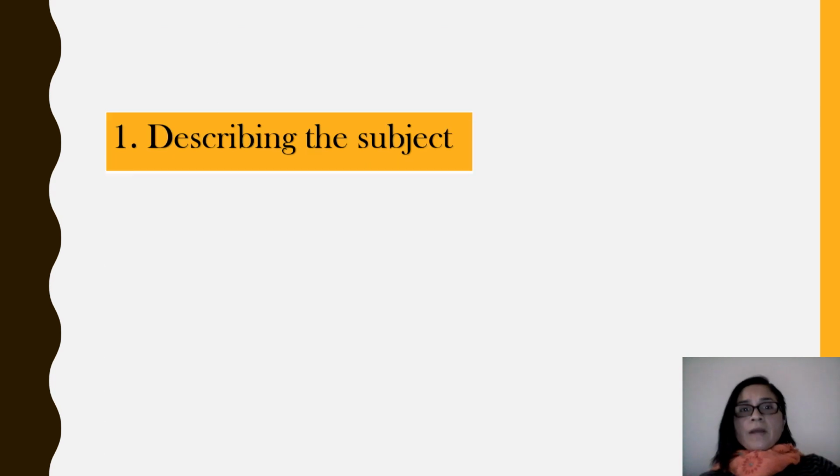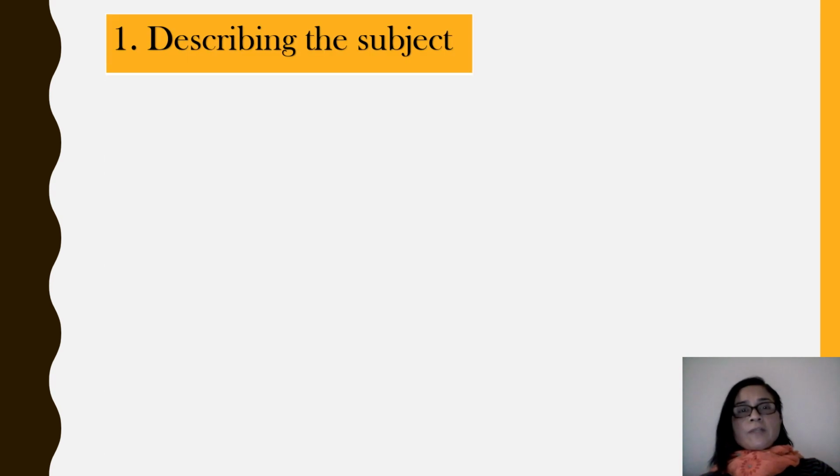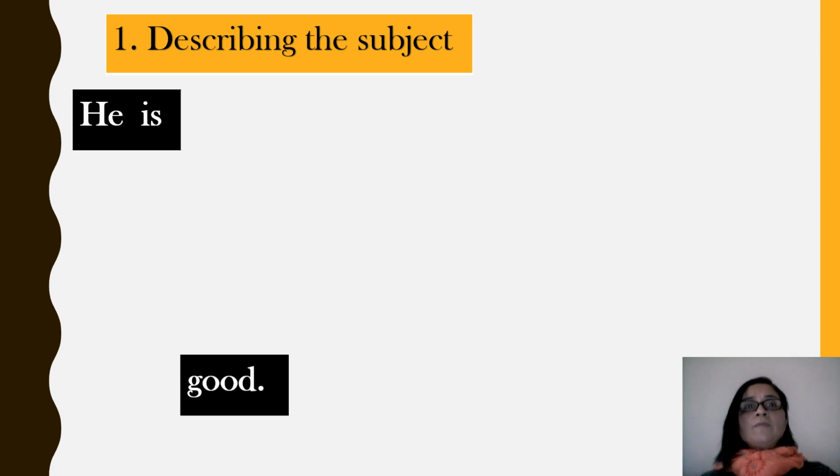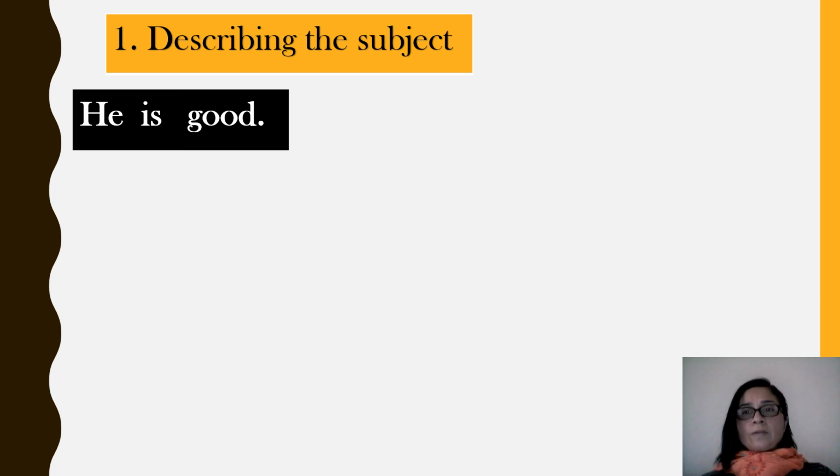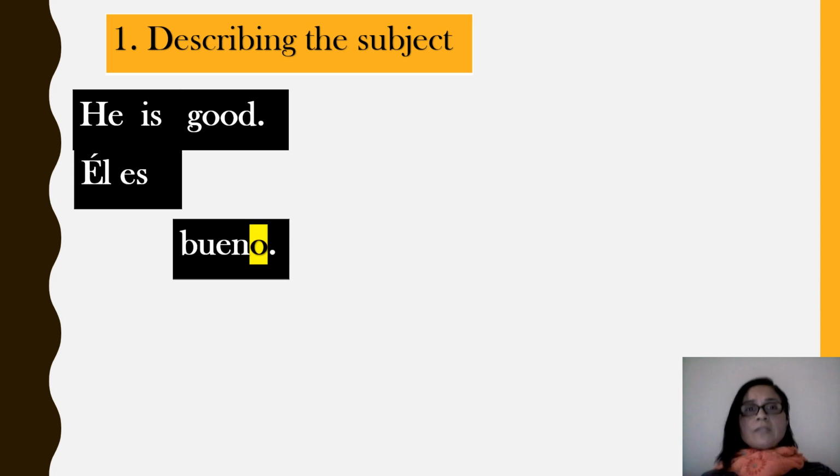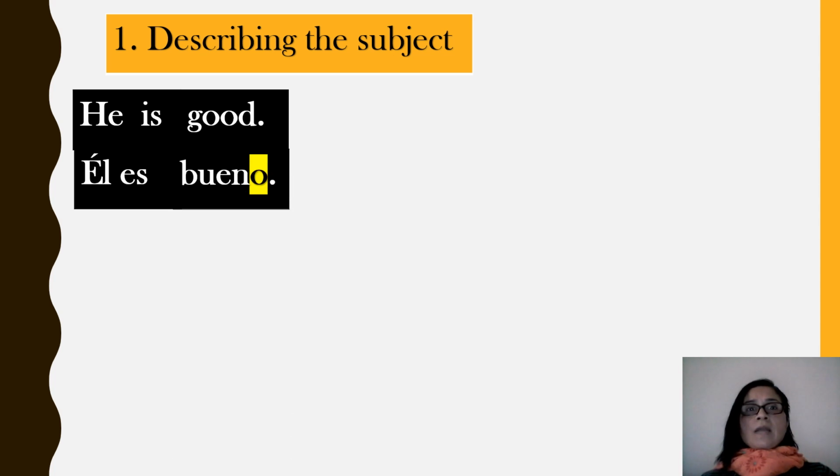Okay, so now we are going to go over one of the situations when we use ser, and that is when we want to describe the subject. So let's say that we want to say he is good. We are going to describe he. So he is él es, and good in Spanish is bueno. Now the adjectives in Spanish have to agree with the noun they modify.